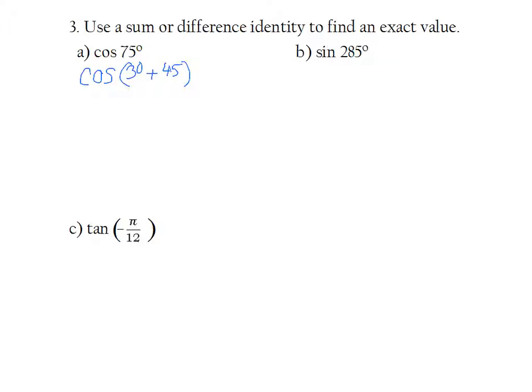Now there would be other ways, certainly many other ways, to come up with that 75. You could do a 135 minus a 60 or something like that. But keep your life easy. Use as small numbers as you can. Remember, we cannot distribute. That's not what we're doing here. We are setting up our identity.